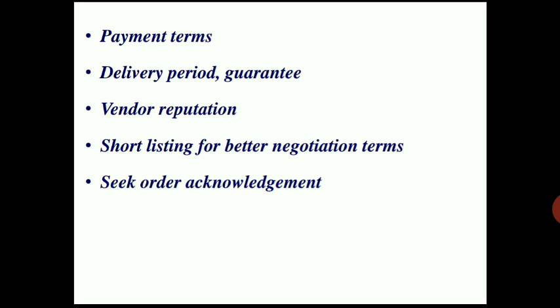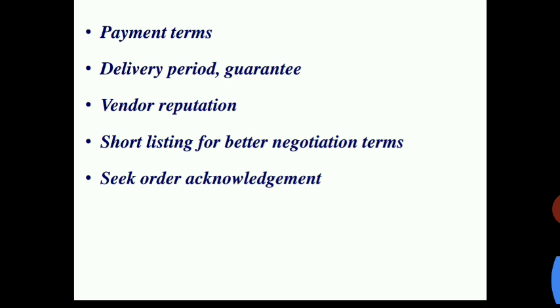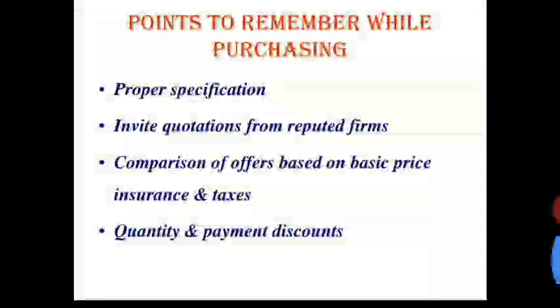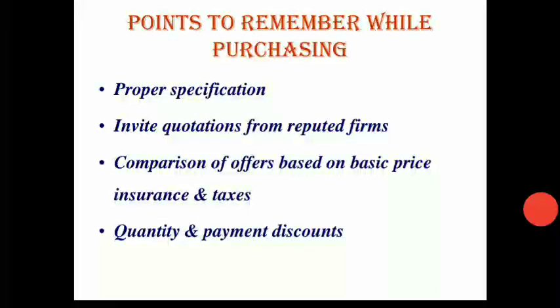If the material is not achieving the better quality for the lesser cost, then with respect to cost and quality, we should give more preference to the quality, right? If the materials are not maintaining the proper quality, even if the cost of the material increases, we should achieve the better quality of the materials. So these are the few points we need to remember in this purchasing part. Thank you.